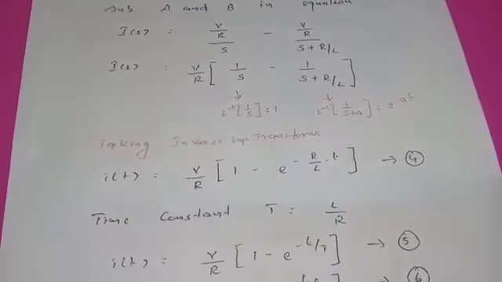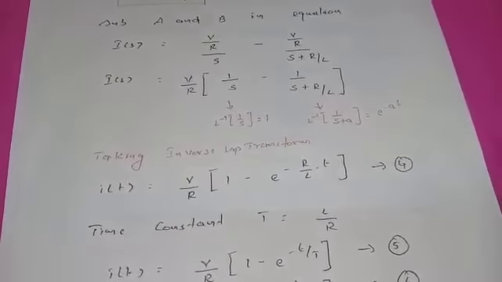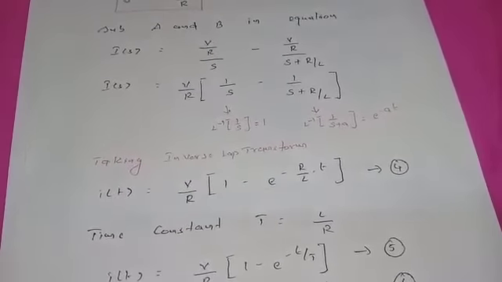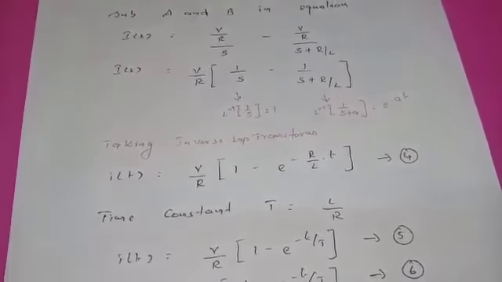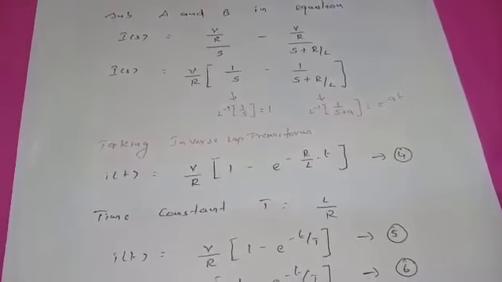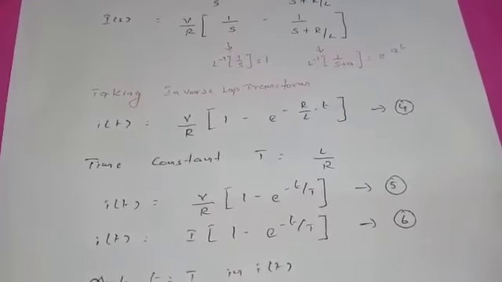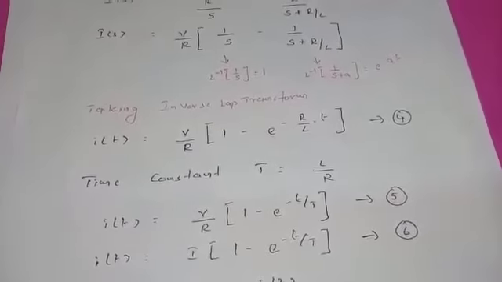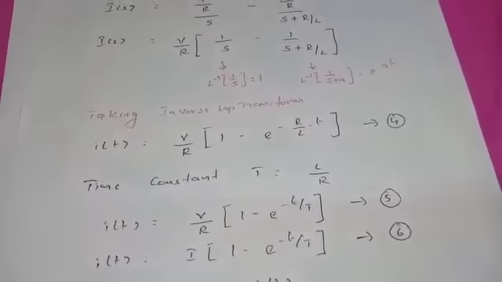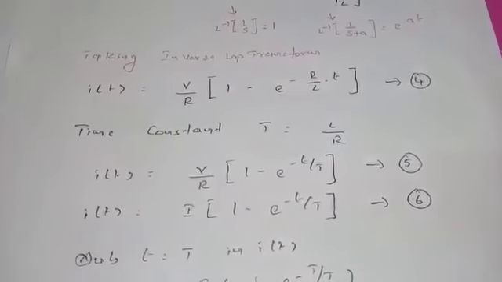As you all know, the time constant is the ratio between the inductor and the resistor, represented as capital T, where time constant T is equal to L divided by R. So substituting that, I of t is equal to V by R into 1 minus e power minus t divided by T. That is equation number 5.